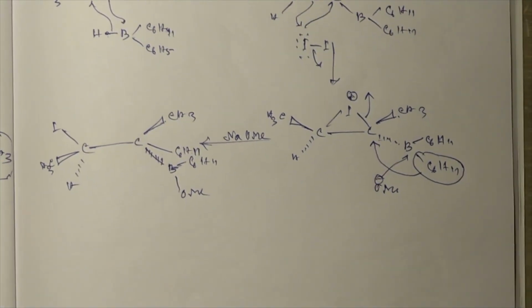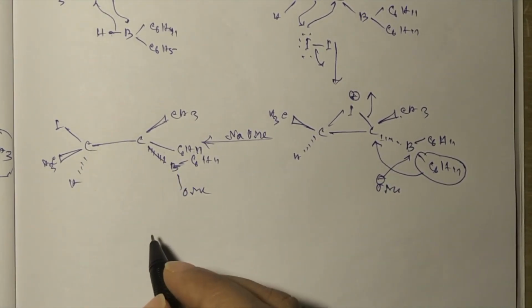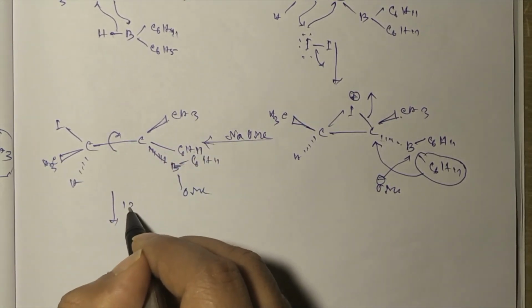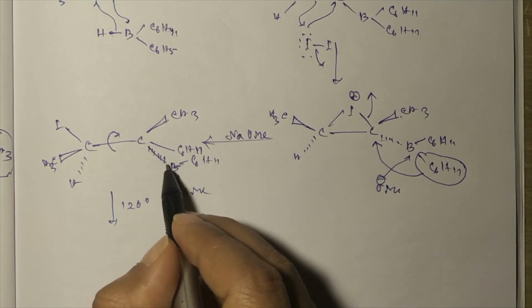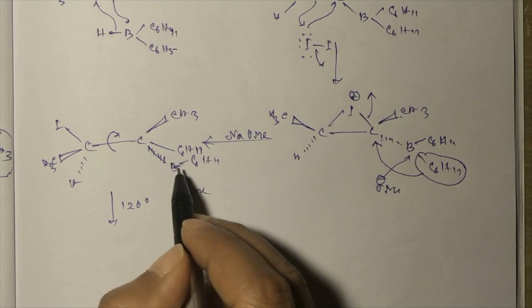Now what will happen, this bond will rotate 120 degrees so that this iodine and this bond will maintain anti-periplanar geometry.